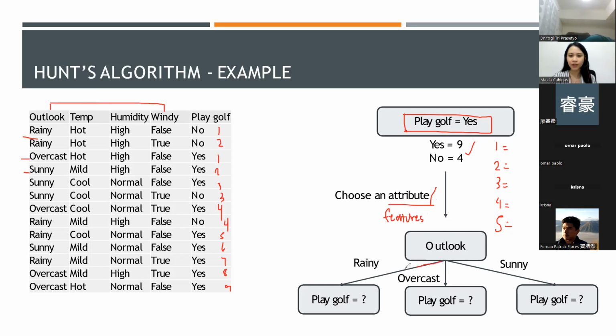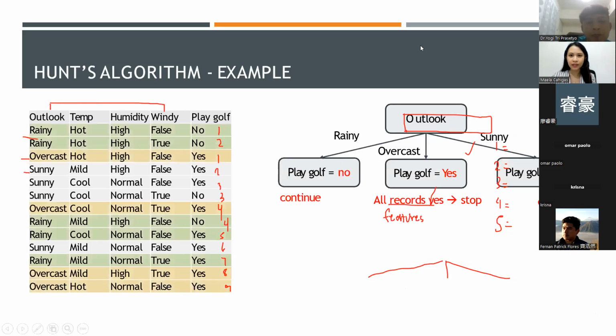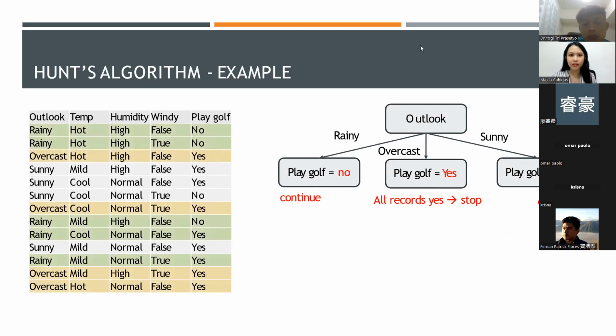That's why we have three branches over here. So the next step is almost similar to the previous one. We just have to count how many yes and how many no for each of your internal nodes.